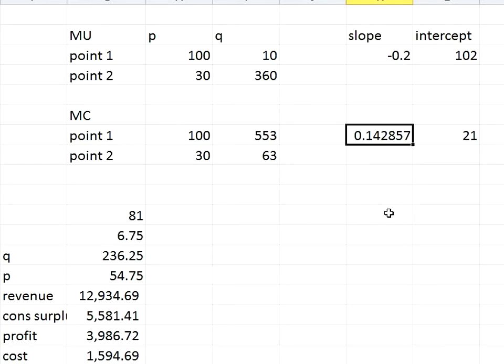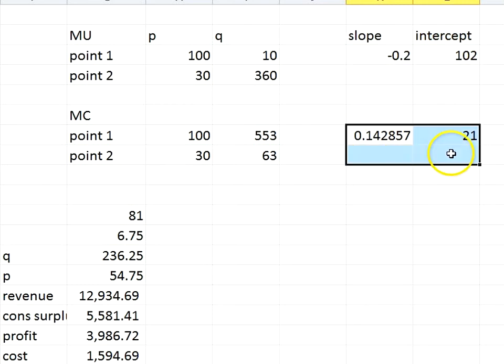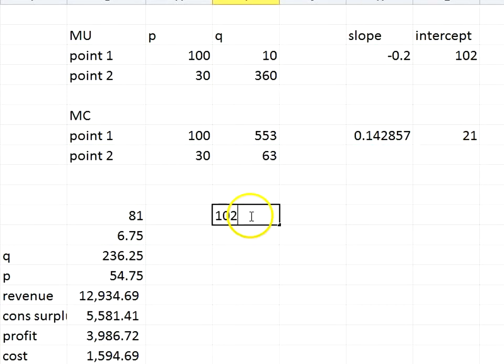So now we have a slope and an intercept for the marginal utility and a slope and an intercept for the marginal cost. And if we set those equal, we would find the expression 102 minus 1/5 times Q should be equal to 21 plus 1/7 times Q. That's the equation that we have by applying these values that we got for the slope and the intercept, and both should be the same.